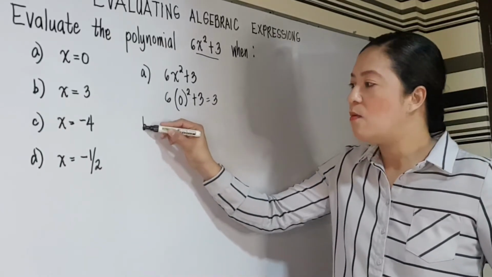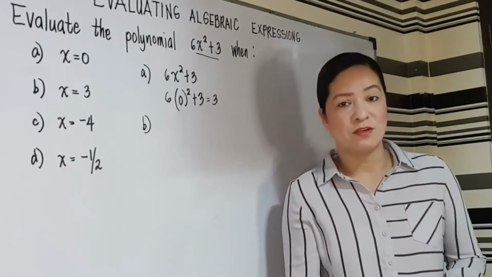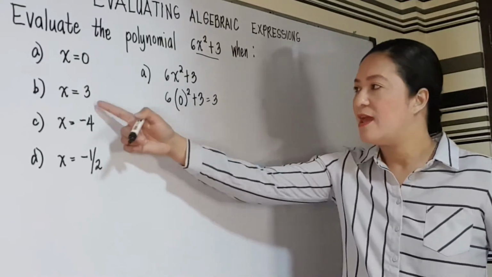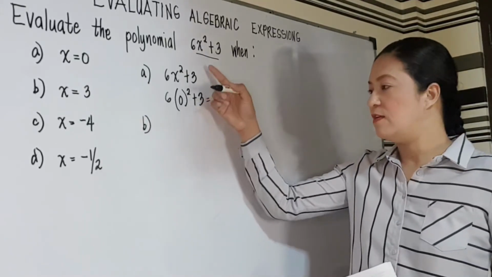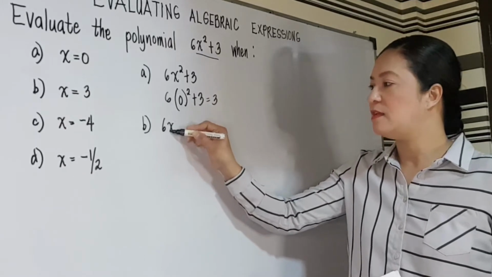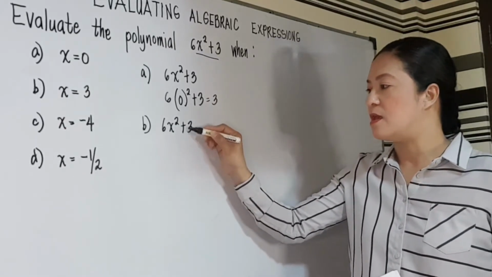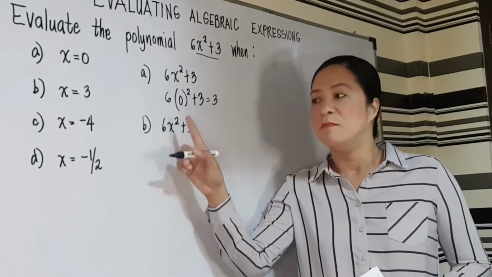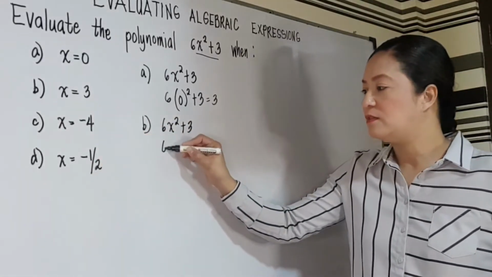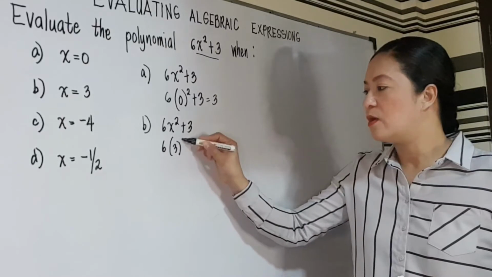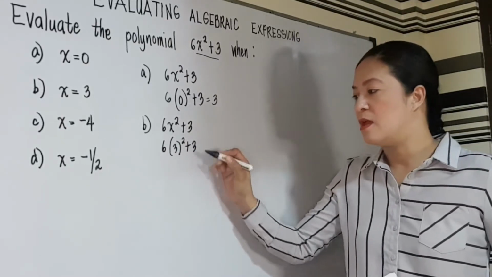Okay, now how about for letter B? When x is equal to 3, again, copying the given polynomial, we have 6x squared plus 3. Replacing x by the given value, x is equal to 3. So 6, 3 squared plus 3.